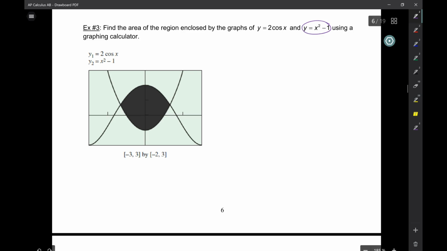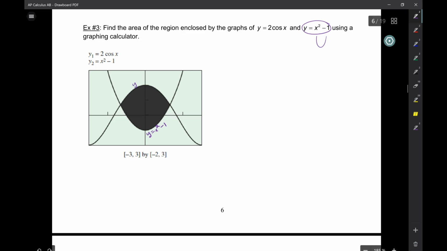I start with x squared minus 1. This is a parabola that has a positive value of a, so it faces up. It's going to look like that. Oh, that must be this one here. So y equals x squared minus 1. And you can even go in and write it.